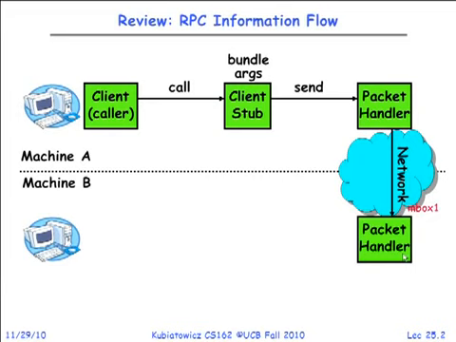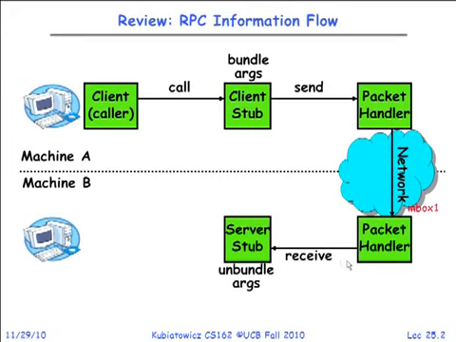That packet's received by a server stub. So these two stubs are actually mirror images of each other, because this stub pulls the arguments out of the message, translates from the network independent format back into the local format of machine B, and then calls the actual procedure. So notice that this procedure call resulted in this procedure call.